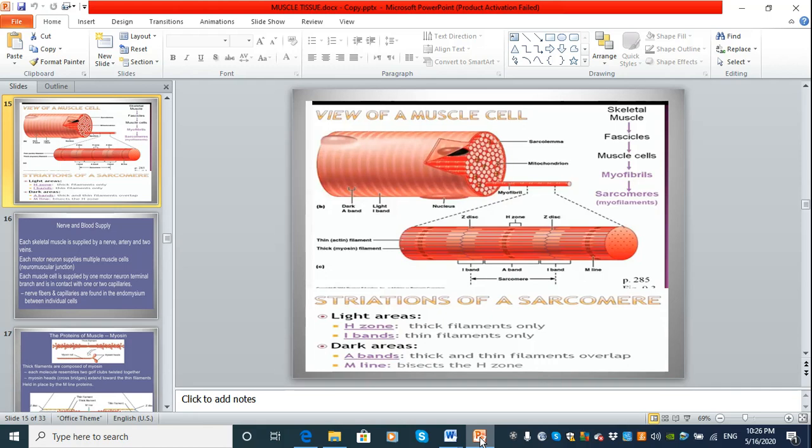The light areas are the H zone, which is thick filament only, and the I bands, which are thin filaments only. While the dark A band is where thick and thin filaments overlap, while the M line is only in the H zone. And here it's very clear that the thin filament is actin, while the thick filament is myosin.